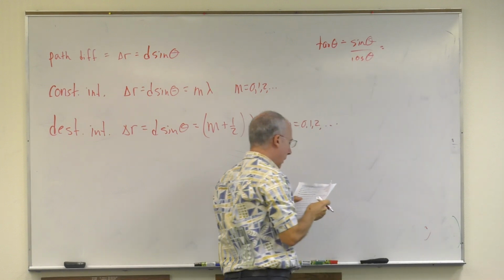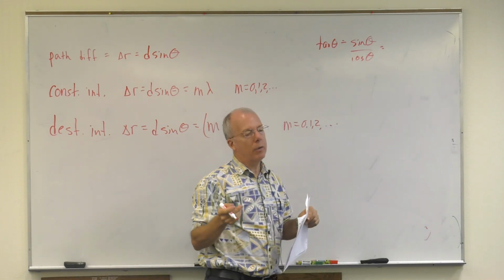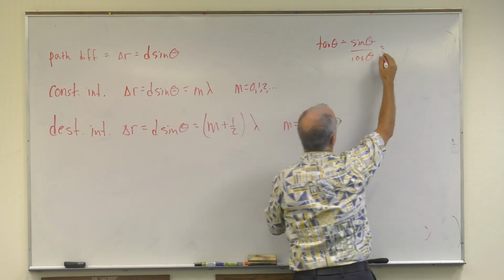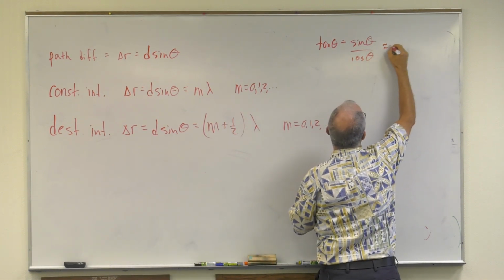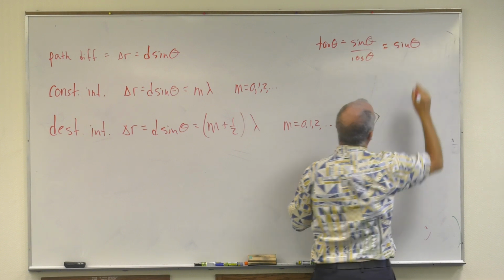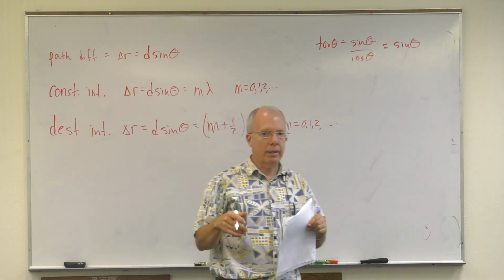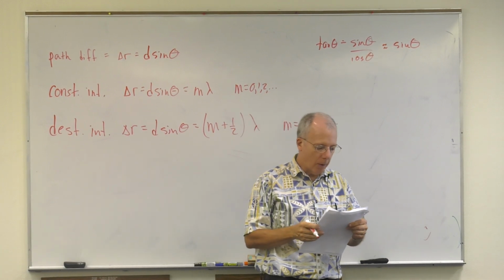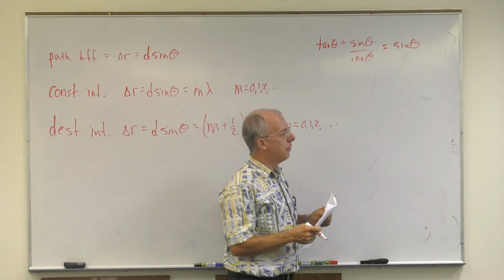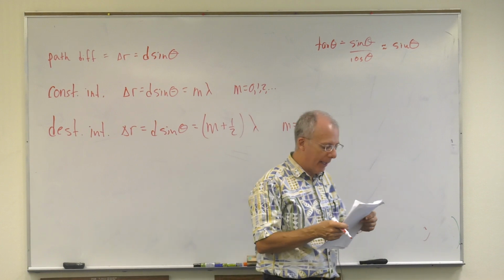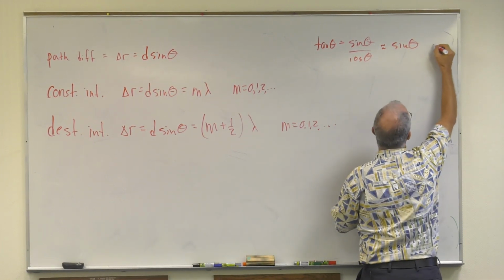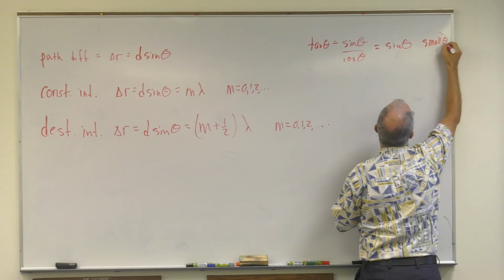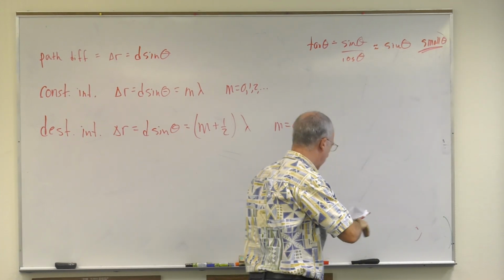Now, what's cosine of a really, really small angle? It's like 1. So therefore, this is approximately equal to sine theta. There's more than one small angle approximation, but this is one of them. So tangent theta is approximately equal to sine theta for small angles.